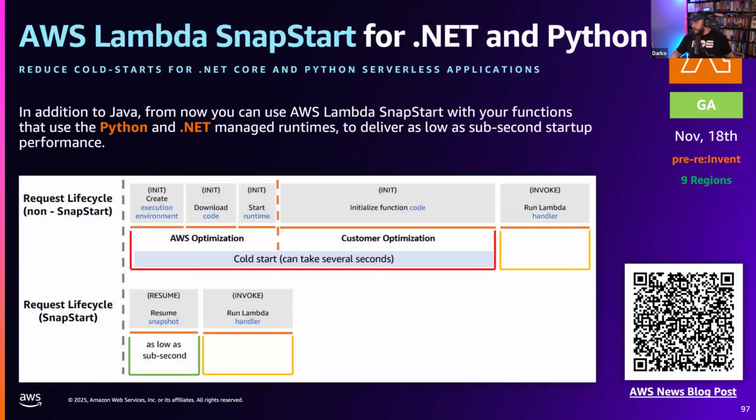Lambda SnapStart. So now you can have Lambda SnapStart not only for Java applications, but you can use SnapStart for Python and .NET functions, right? It basically improves Lambda startup performance. Sometimes, depending on which framework you're using, it can take a couple of seconds for a Lambda to start from a cold start, down to incredibly low.